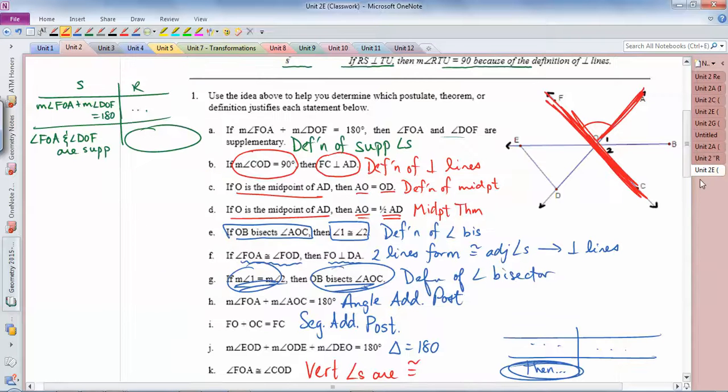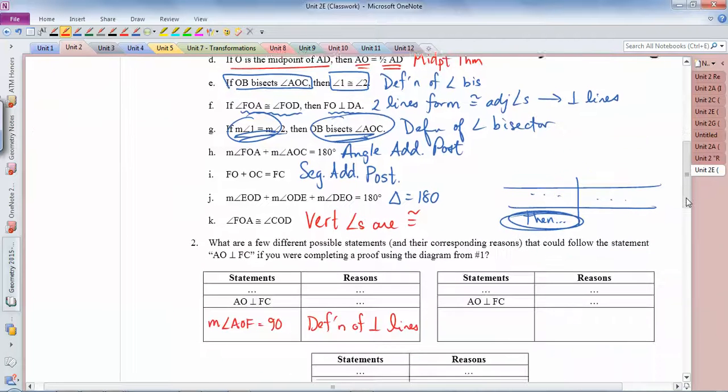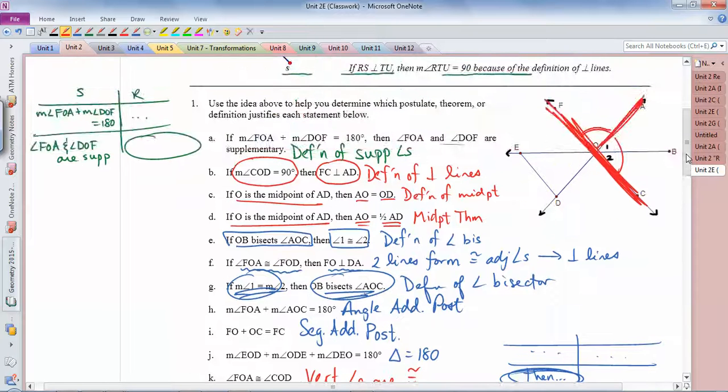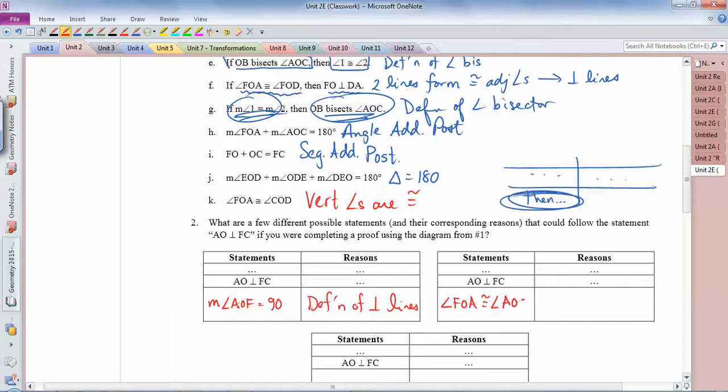So in this case, we'll pick FOA and AOC. So angle FOA is the same as angle AOC. And the reason is perpendicular lines give you congruent adjacent angles.